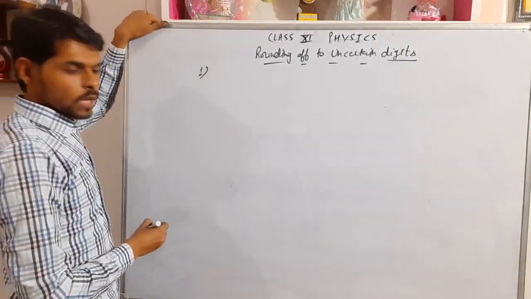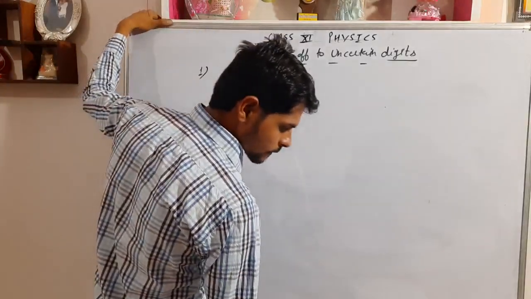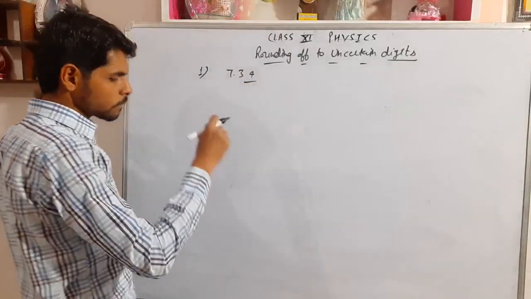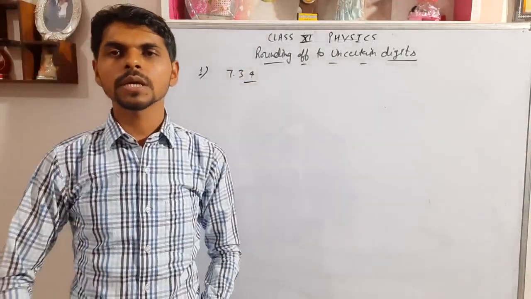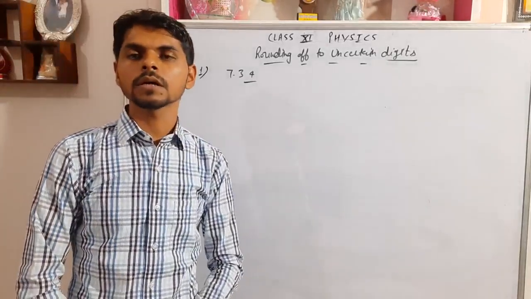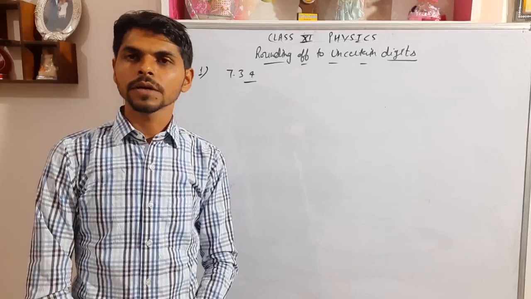If you have a number, say 7.34, based on the previous lecture, you can tell me how many significant figures there are. So there are three significant figures.